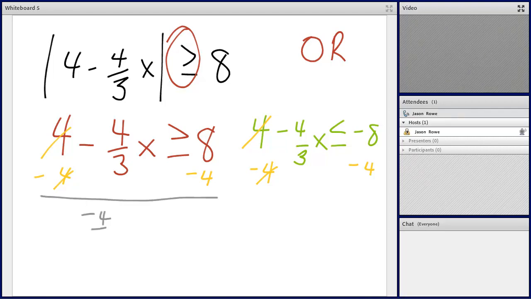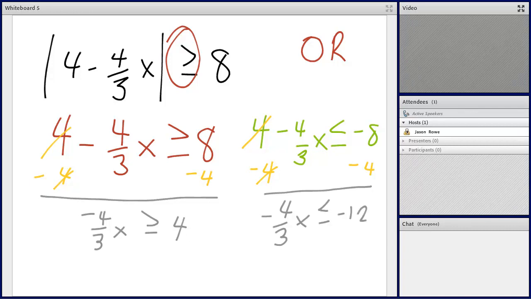We got -4/3 x on this one is greater than or equal to 4. And on this one, we got -4/3 x is less than or equal to -12.